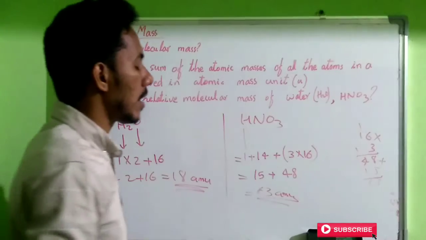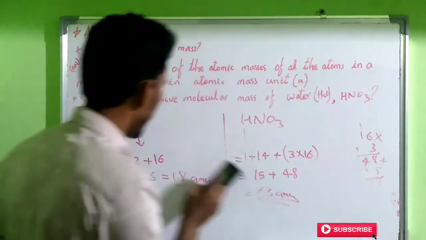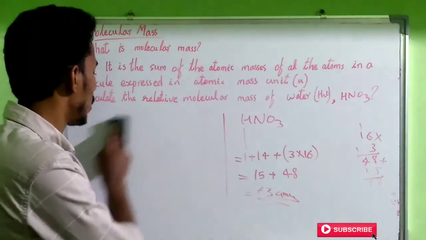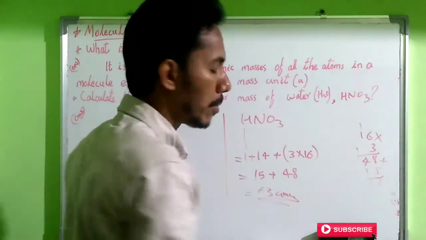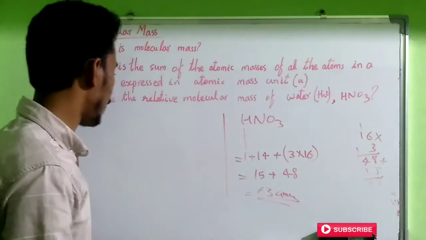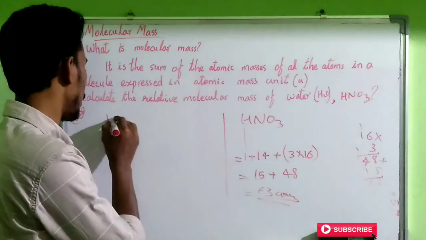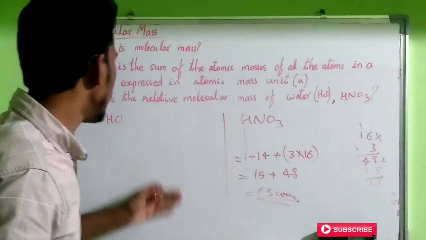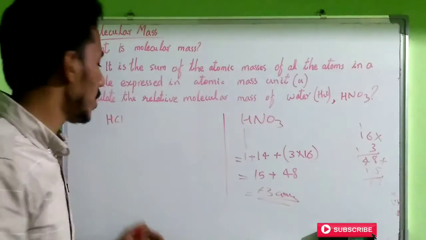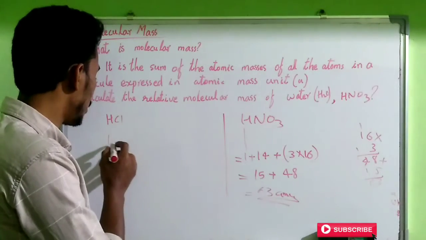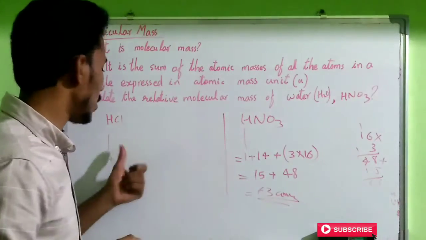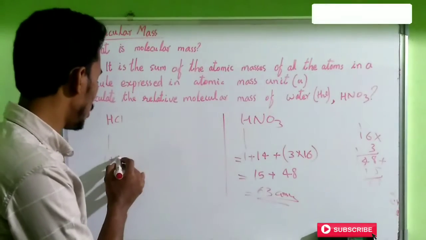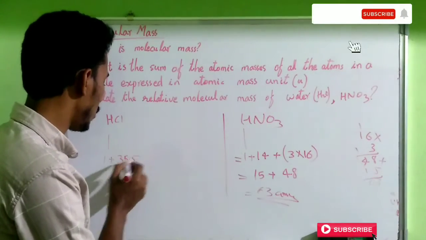Then take another example, HCl. Find the molecular mass of HCl. What is the atomic mass of hydrogen? 1. Atomic mass of hydrogen 1 plus atomic mass of chlorine 35.5.